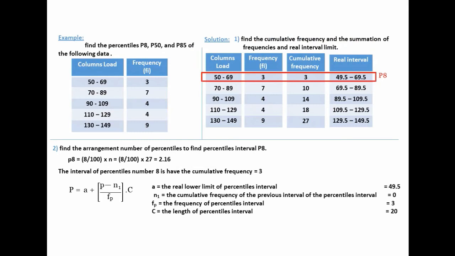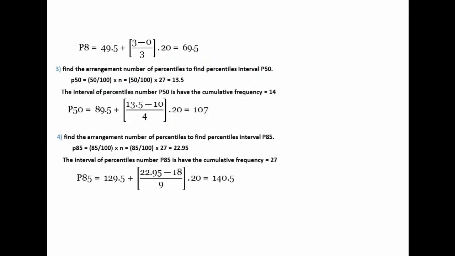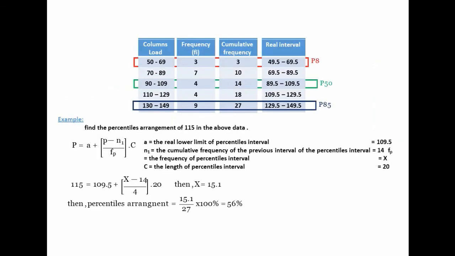In the previous example, you see small p1, p2, p3 and so on. But in this example, the percentile arrangement is unknown. So putting in 115, the percentile value, and the class interval, the small p value is missing. Putting in the value of n1 as 14, the frequency is 4. And now x is equal to 15.1.